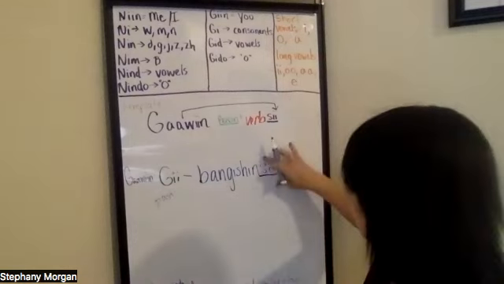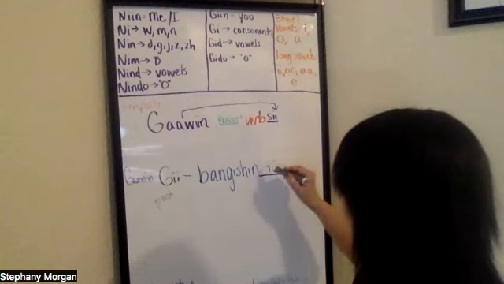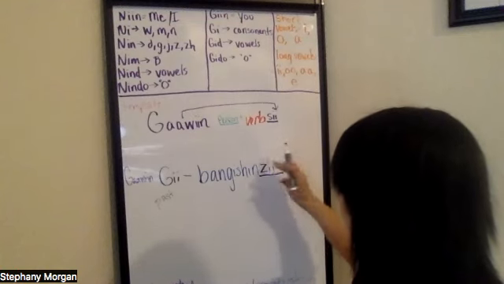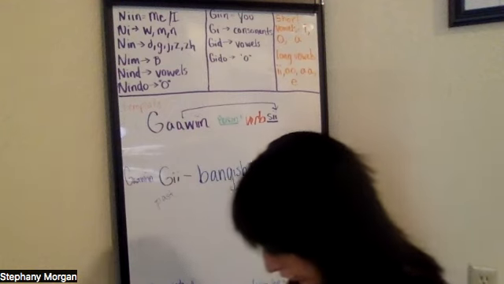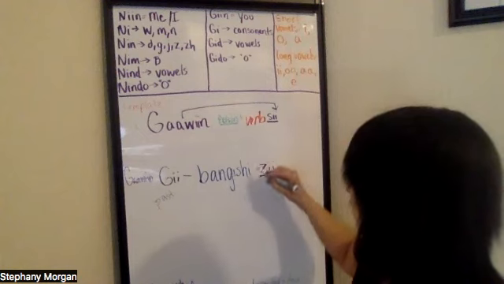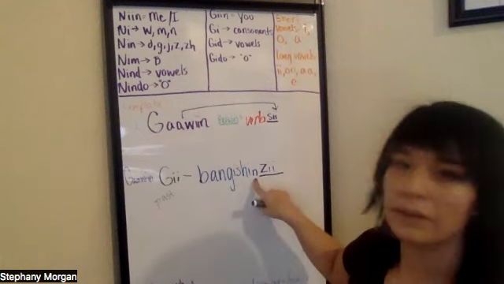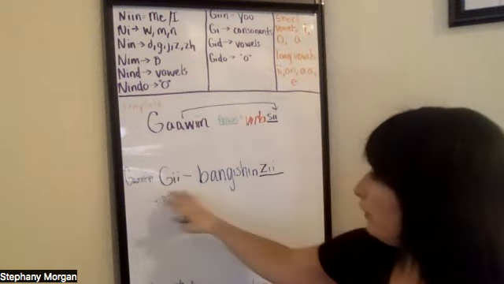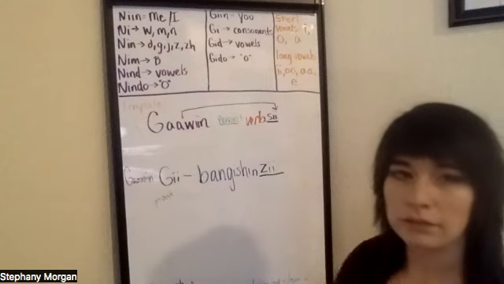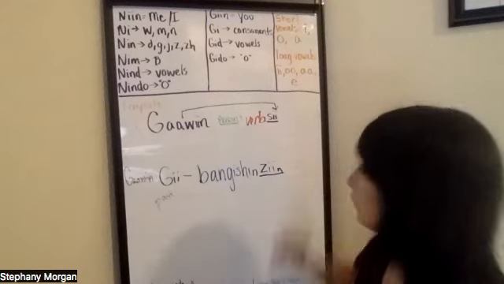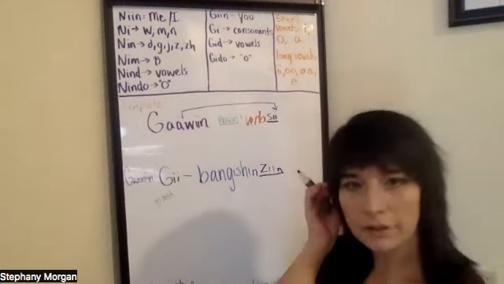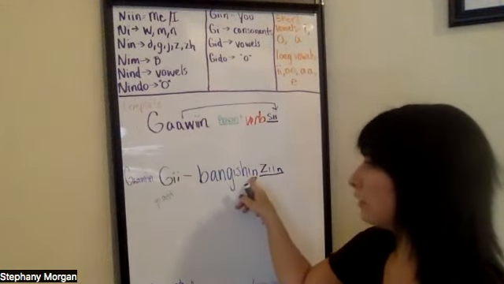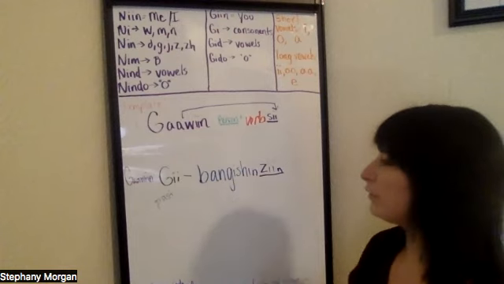So more naturally, that s is going to turn into a z, and the n, the sound kind of falls off. I usually write it like a really tiny n. So gaawiin, gi-bungishin, zi, or some people, gaawiin, gi-bungishin, zin. So you still hear the n right here on bungishin, and it makes that s turn into a z.